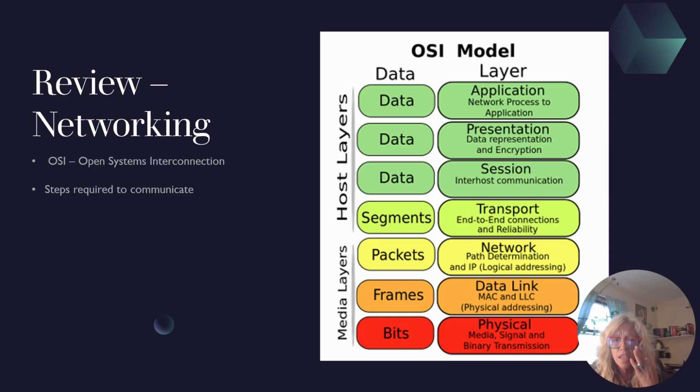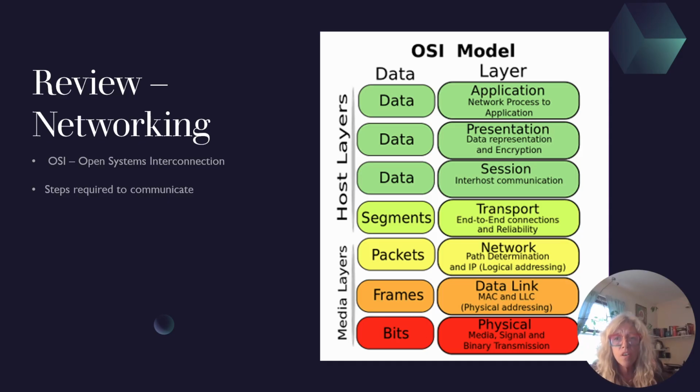The MAC, which is the unique identifier on the device. The LLC, logical link control, is for error detection and provides physical addressing. And then layer 3 is the network layer, and this helps with route determination and IP logical addressing.